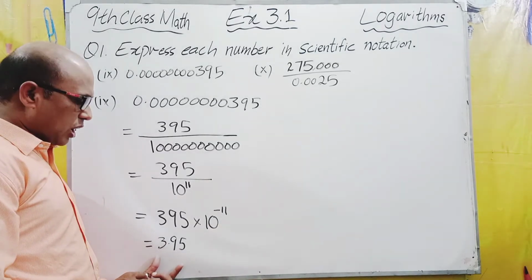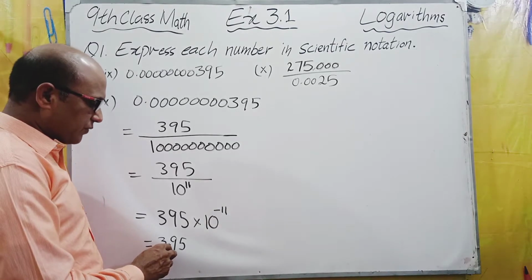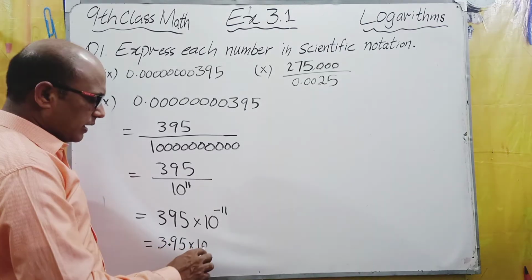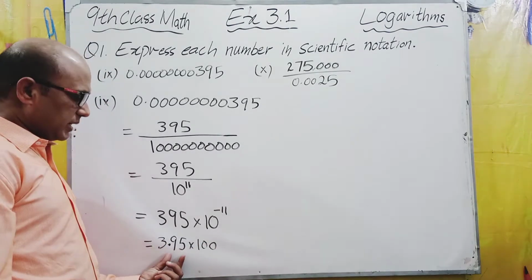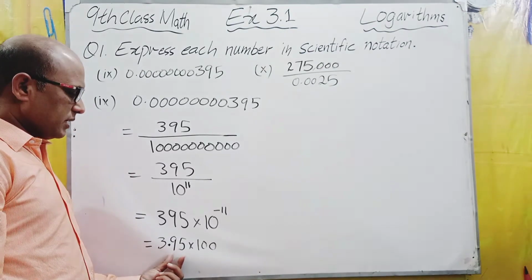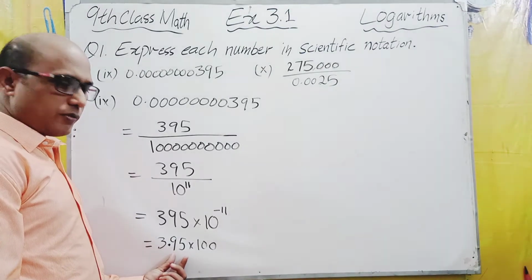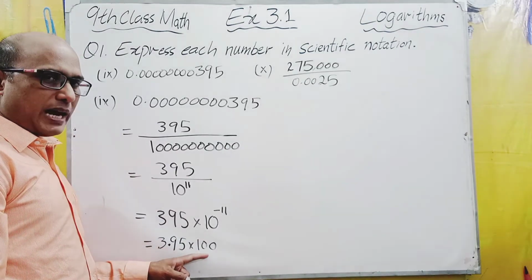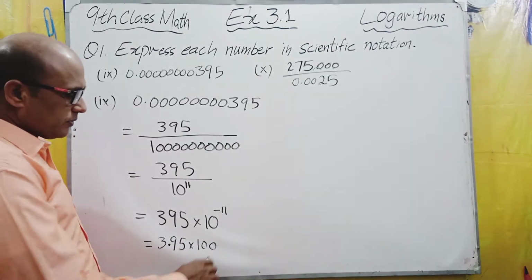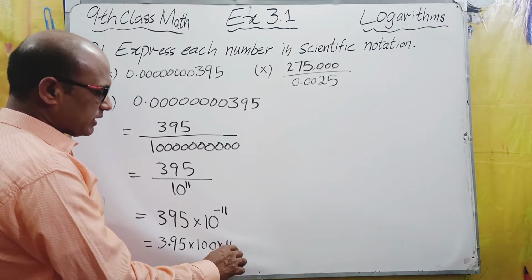For putting the decimal after one digit, we multiply by 100, because after the decimal there are two digits.